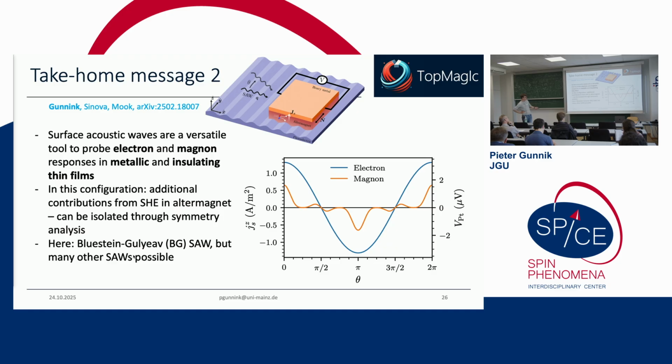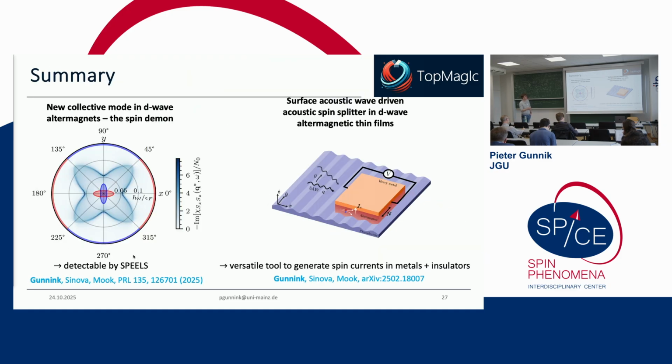And the surface acoustic wave community is very well capable of creating all types of surface acoustic waves, and you can play with the different types of symmetries and different types of lattice couplings you would generate with different surface acoustic waves. With that, I will leave my summary slides, and thank you.